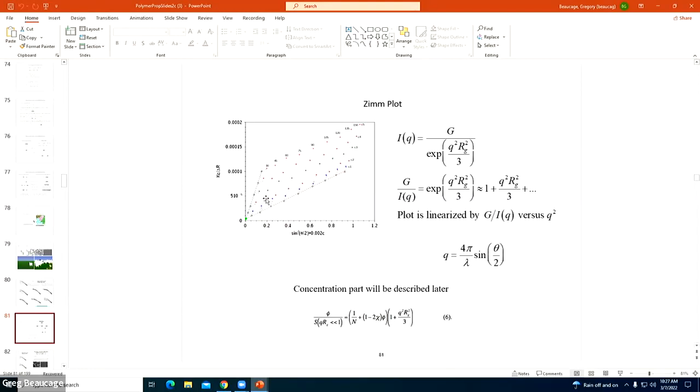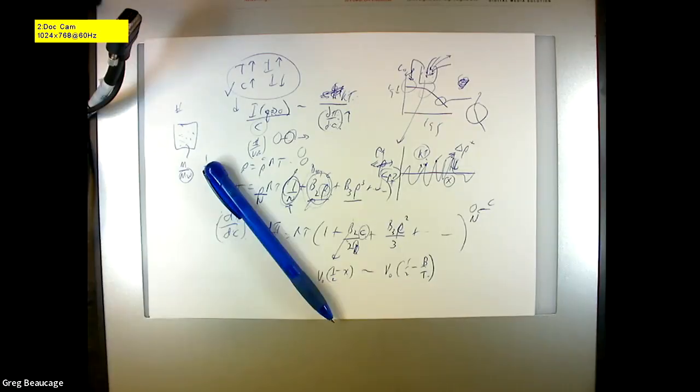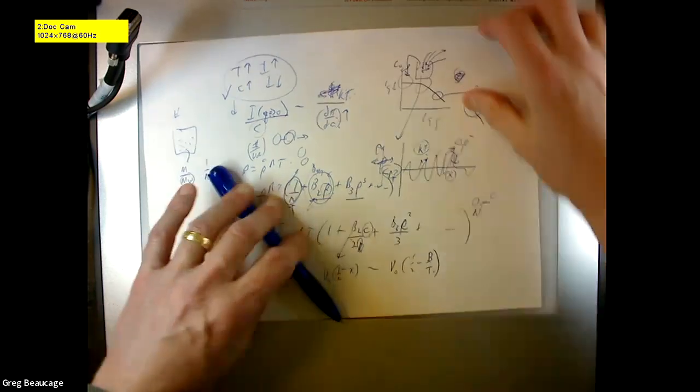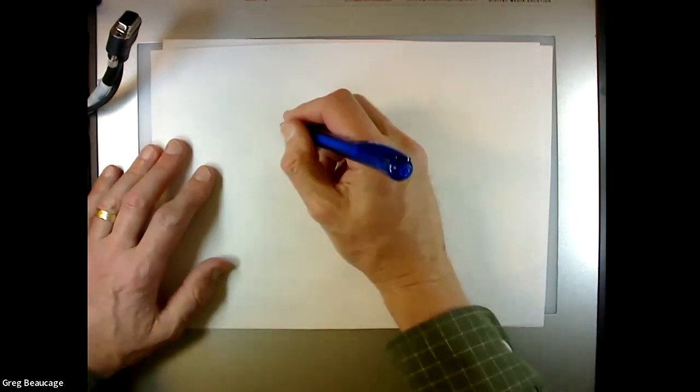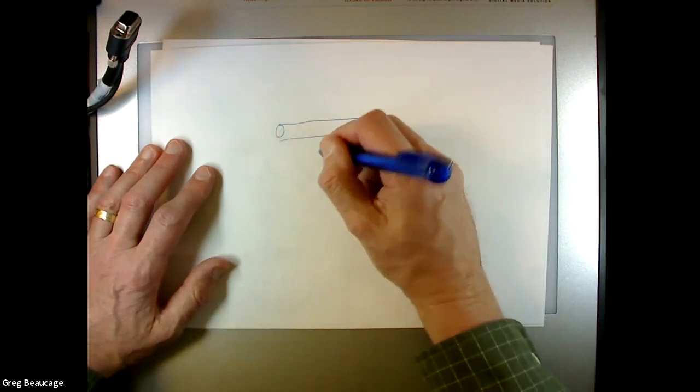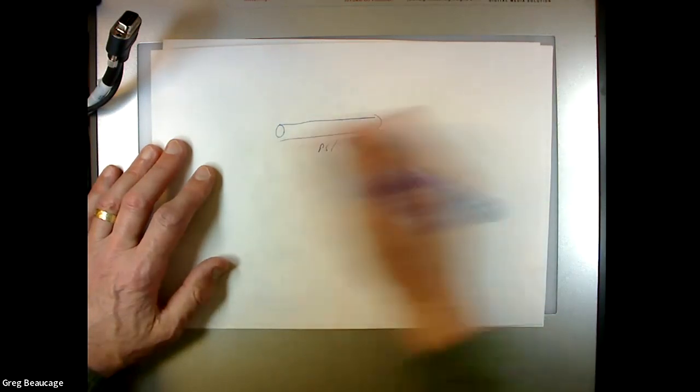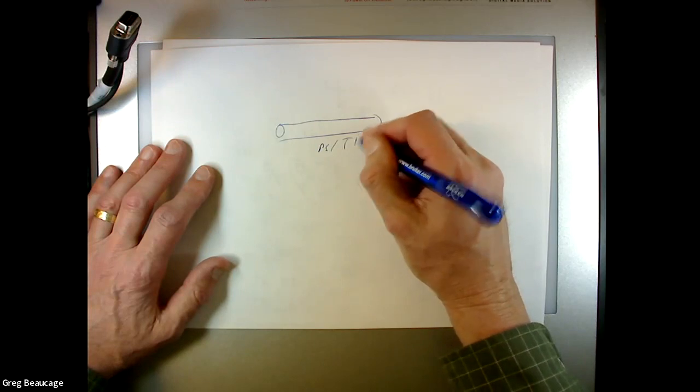Nowadays, what you do, there's a thing called gel permeation chromatography. The column is a gel, usually a polystyrene gel, and you run some solvent through it, like THF.